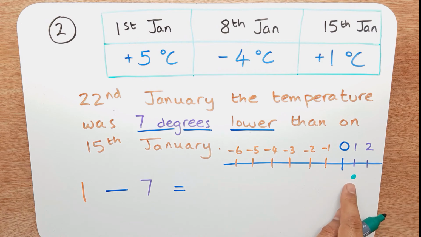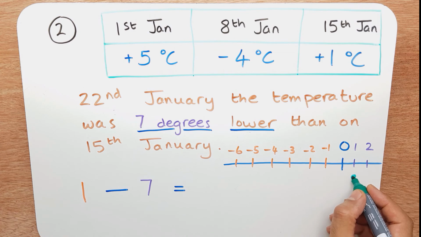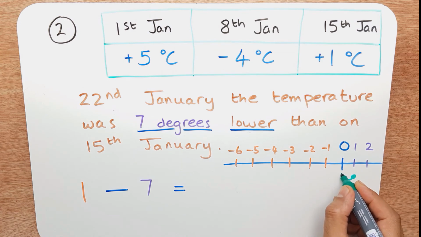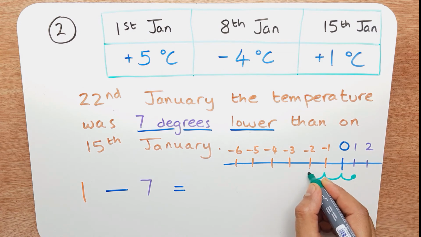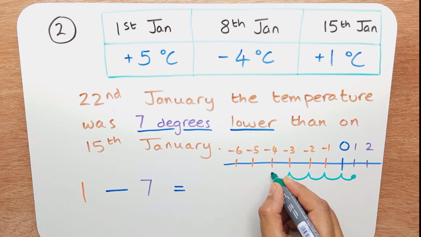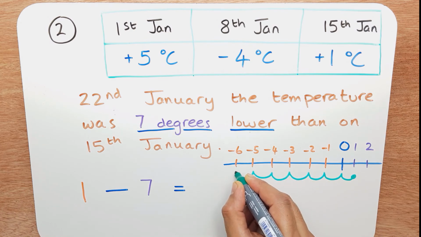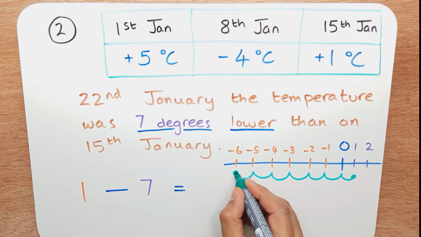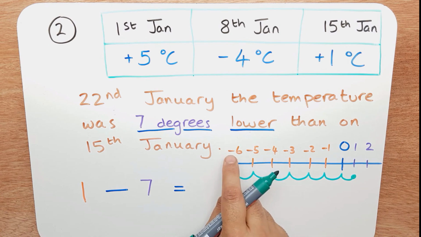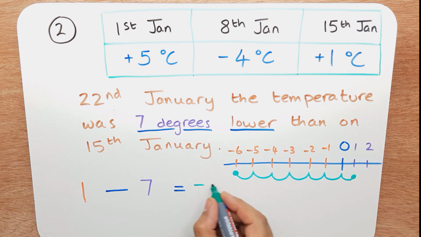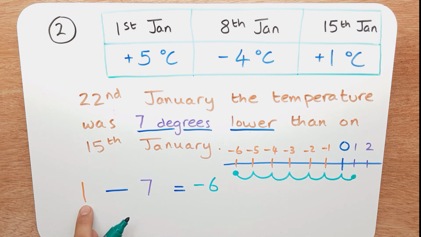When we take away, we go down the number line to the left. So I need to do 7 jumps: 1, 2, 3, 4, 5, 6, 7. So I end up on -6. Our answer for 1 take away 7 is -6.